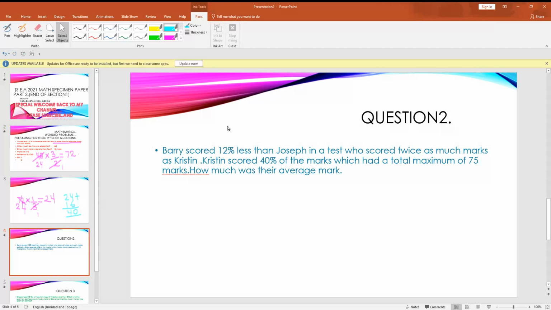Barry scored 12% less than Joseph in the test, who scored twice as much marks as Kristen. Kristen scored 40% of the marks, which had a total maximum of 75 marks. How much was their average mark? Now, I just want to put down the statement. So, Barry equals 12% less than Joseph.